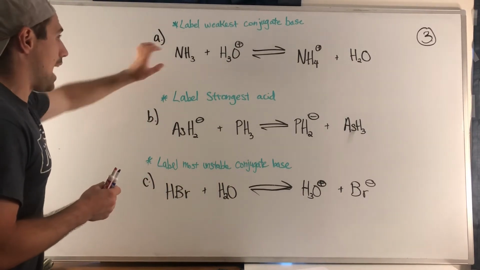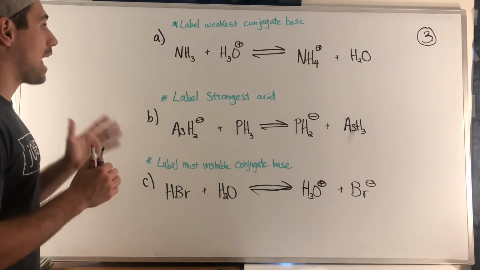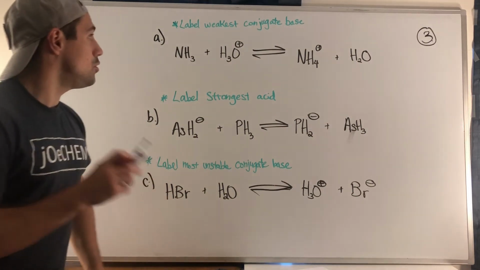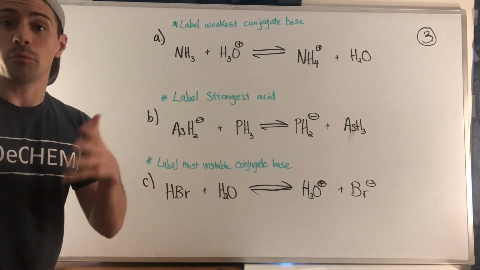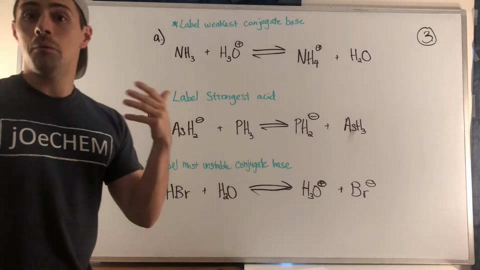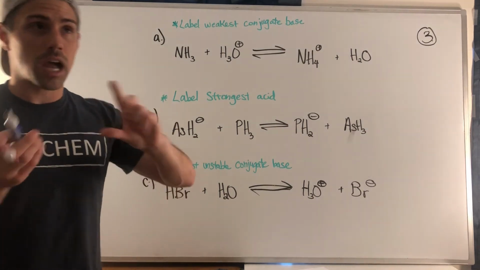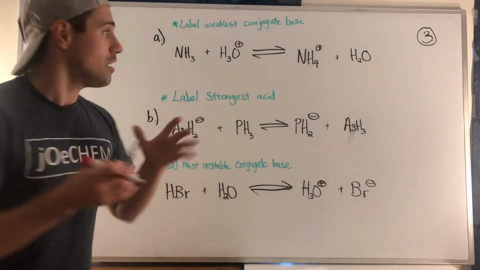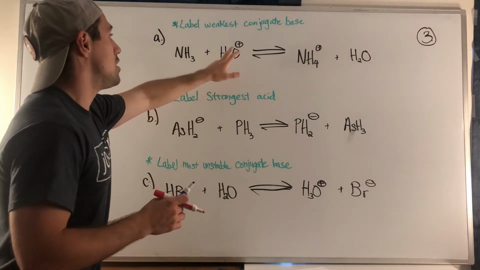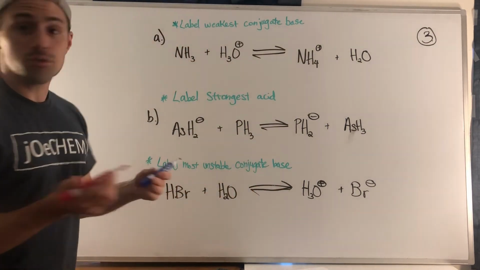So in A, remember, we need to pick the side that is favored at equilibrium. We need to think about which side is more stable, right? So in this scenario, in the past we've been doing negative charges. This time we have a positive charge. So let's change our thinking. Who is better equipped to handle a positive charge? This oxygen or this nitrogen? Now remember, who's more electronegative?